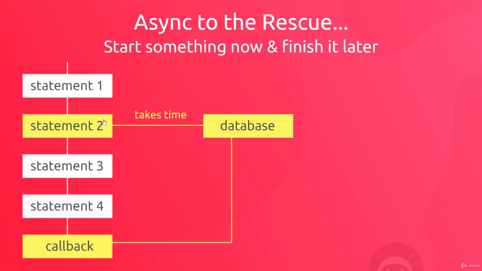And this means the function can start now and then finish later once the data has come back from wherever we get it from. Now, since this function is finishing later, what we typically do is pass this function or this statement some kind of callback function as a parameter. And then that callback function is the thing that runs and finishes later on once the request is complete and the data comes back.